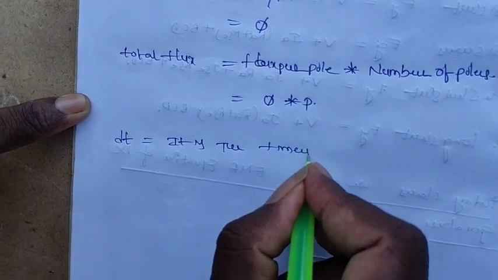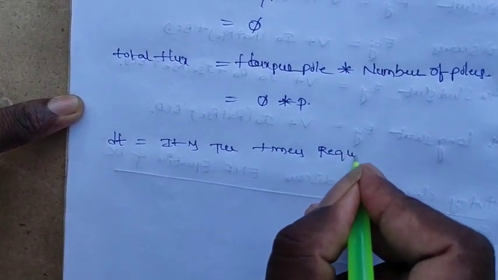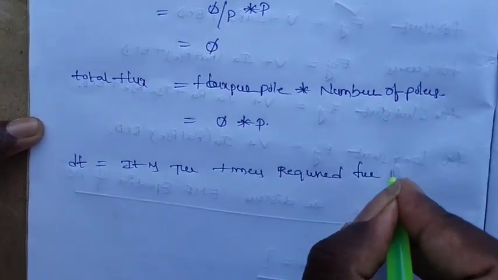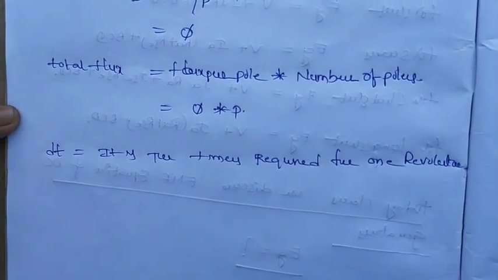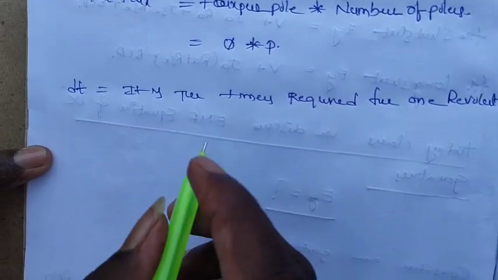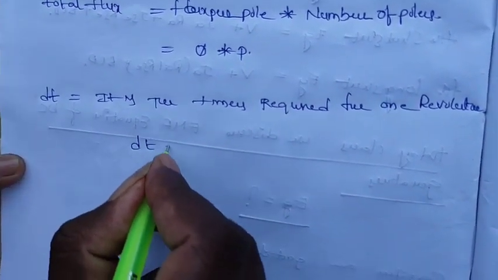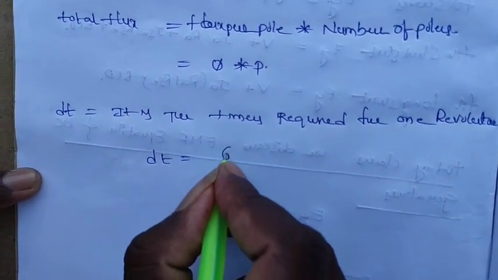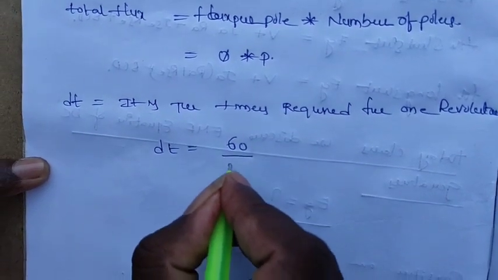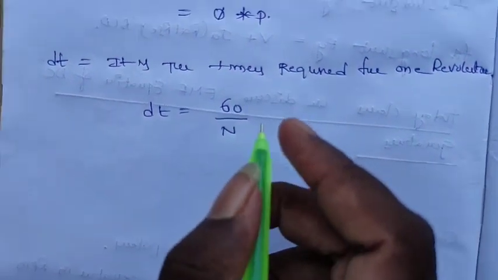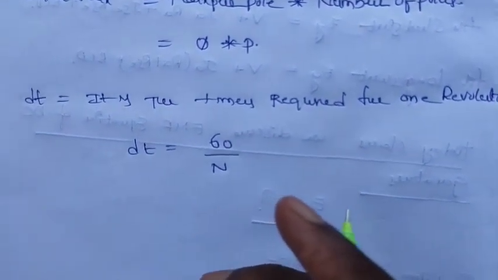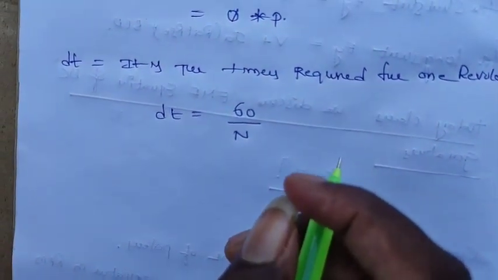Next dt is the time required for one revolution. Time required for one revolution is 60 divided by N, where N is the speed of the DC generator, indicated in revolutions per minute.